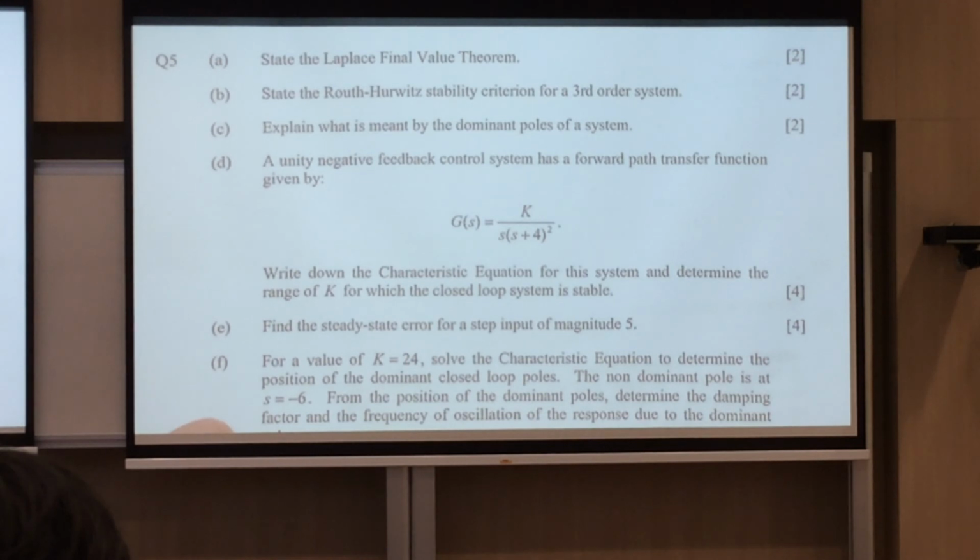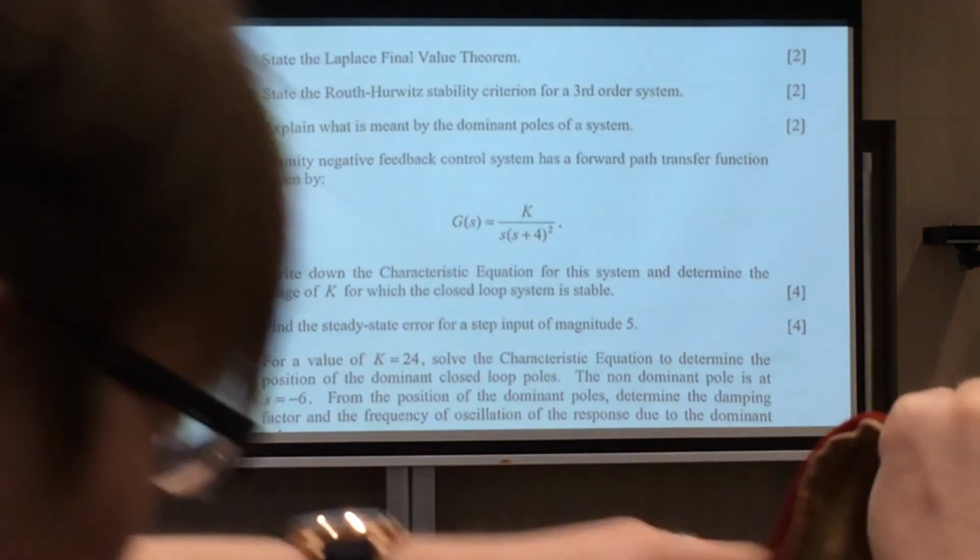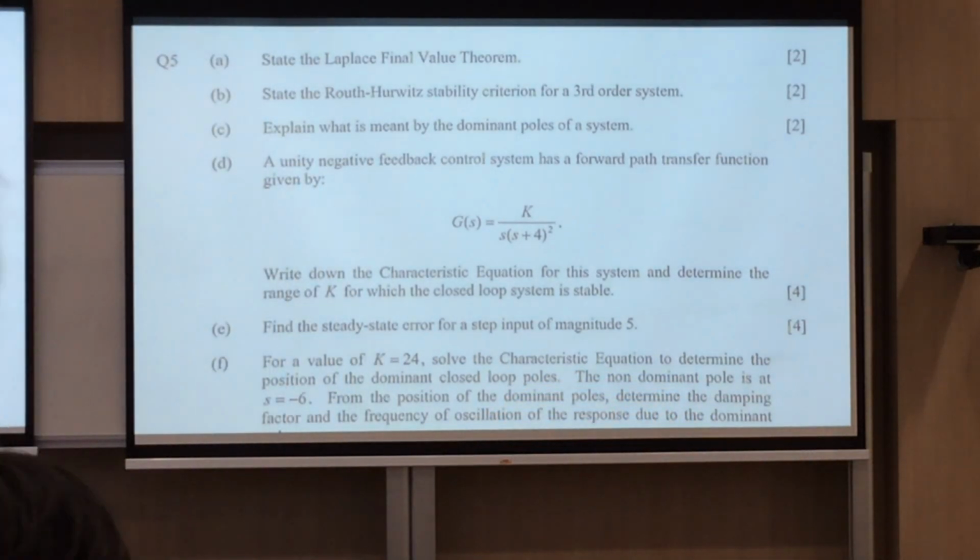In terms of the damping and the frequency of oscillation. Alright, so try this for half an hour and we'll review the answers at 12 o'clock. Okay, meanwhile, if you want to go, feel free, if you want to stay, feel free. Alright? This is your choice. Okay?